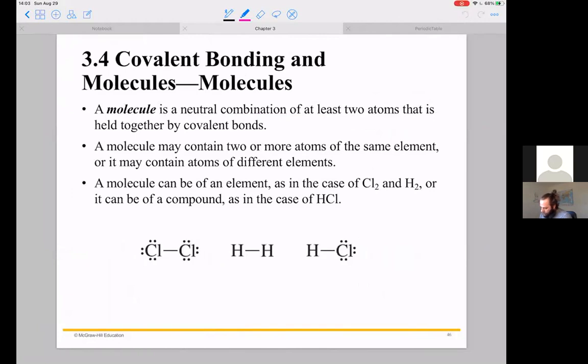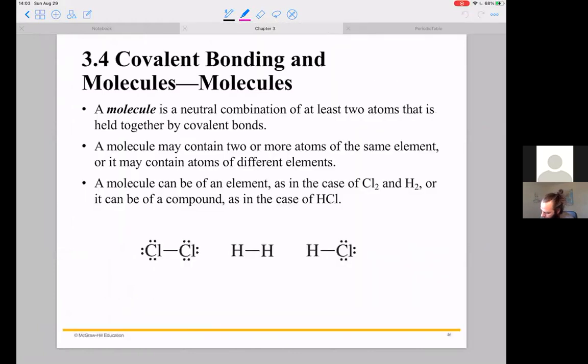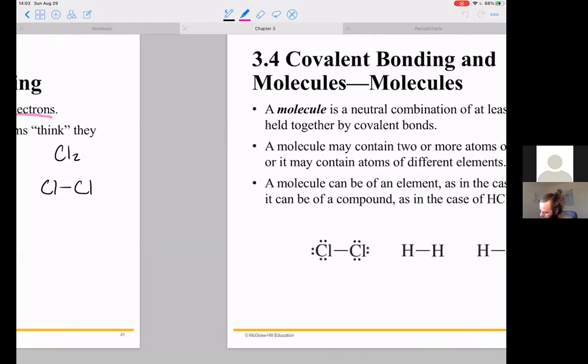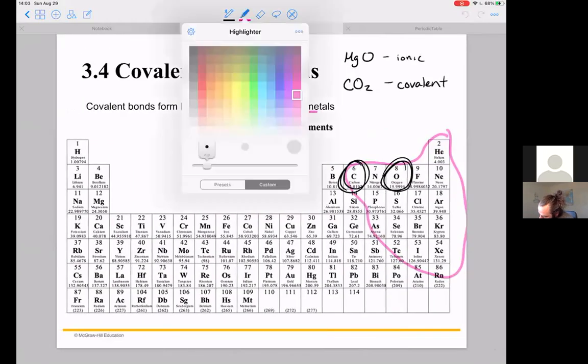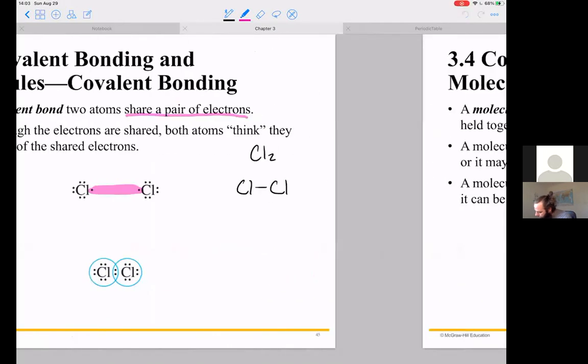Okay, so I guess the other exception, just to note here, we had that rule about, where was it? Here. Hydrogen should also be included in those covalent kind of bonding. Hydrogen's also a nonmetal, even though it lives on this part of the periodic table. So these will also form covalent bonds.